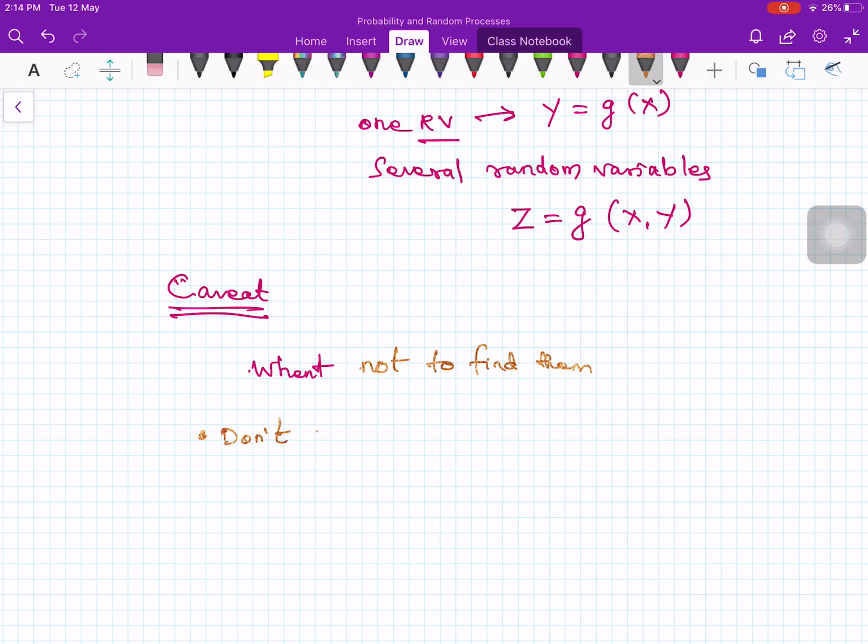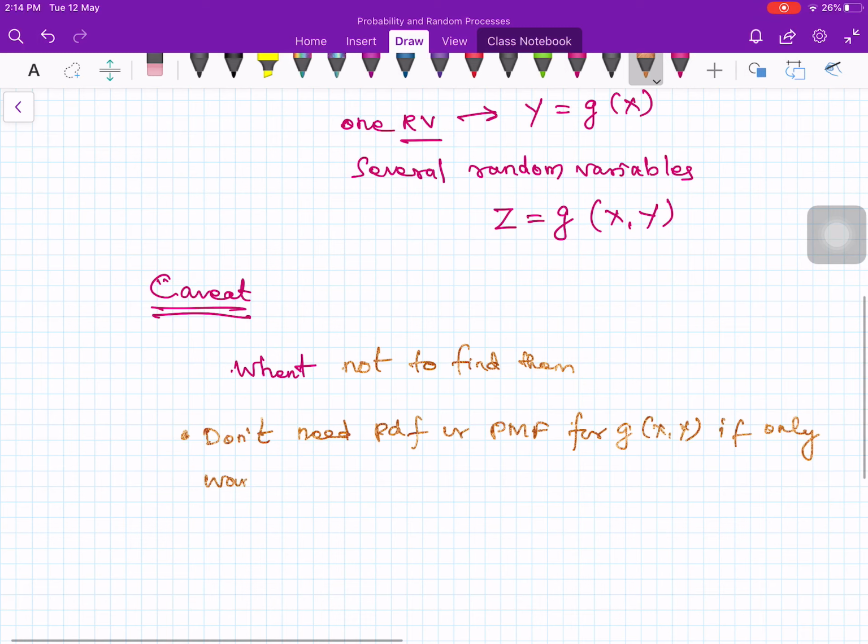You don't need a PDF or PMF for g of X comma Y if you only want to compute the expected value.